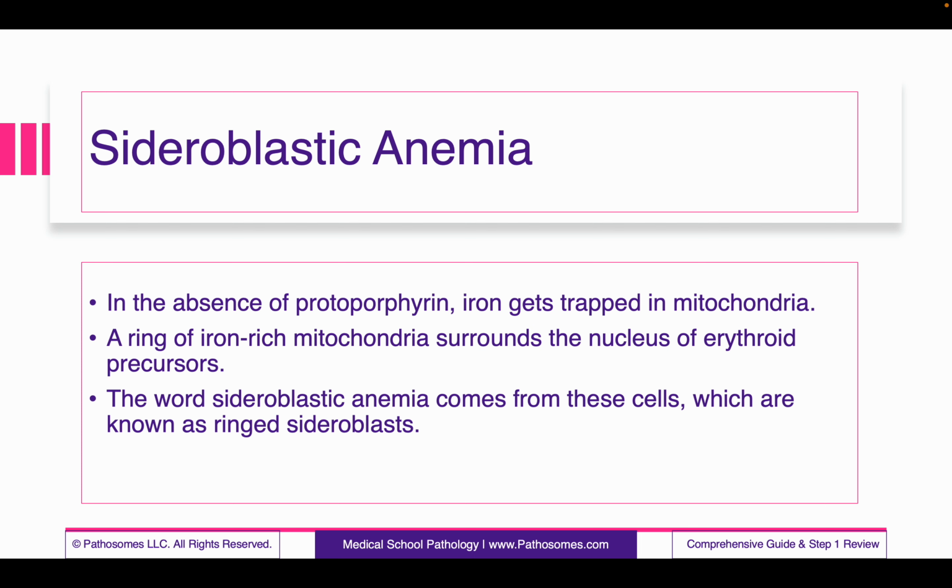In the absence of protoporphyrin, the iron gets trapped in the mitochondria, and a ring of iron-rich mitochondria surrounds the nucleus of erythroid precursors. The word sideroblastic anemia comes from these cells, which are known as ringed sideroblasts.